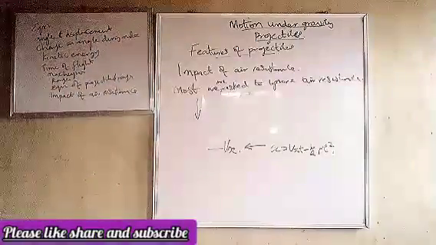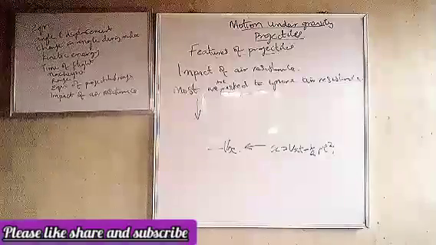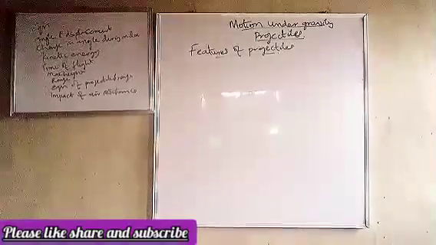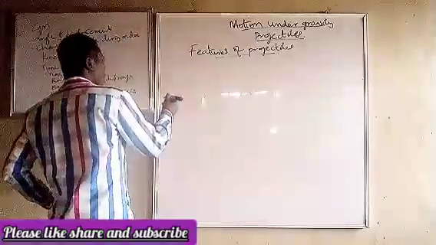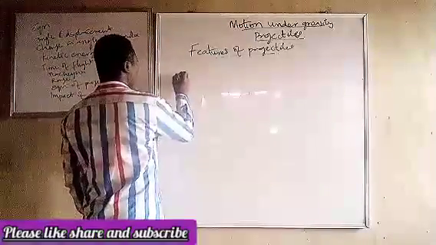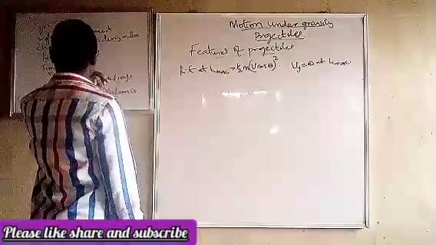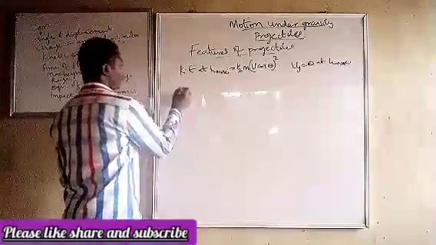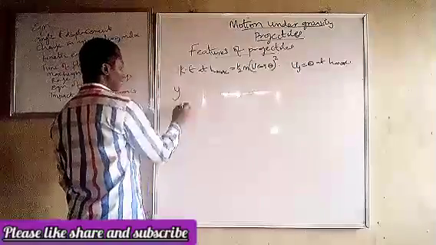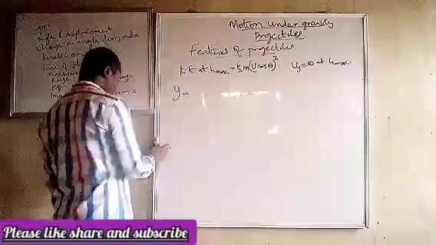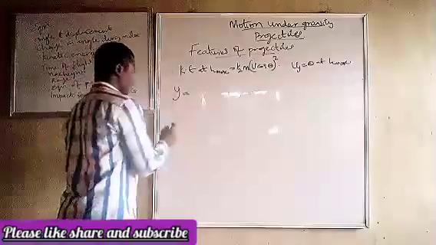Let's now look at the equation of projectile and range. Now, before I go on, I want to tell you something. KE, kinetic energy. Now let's go to the equation. This is our vertical distance.